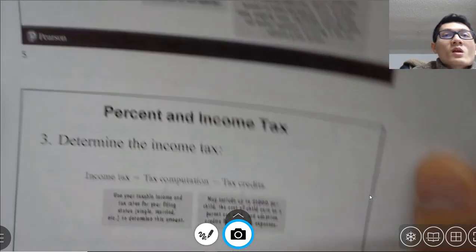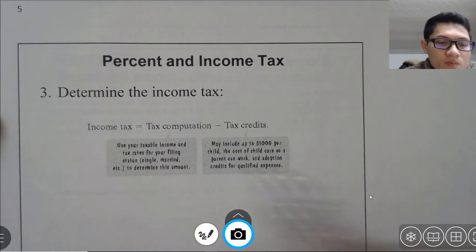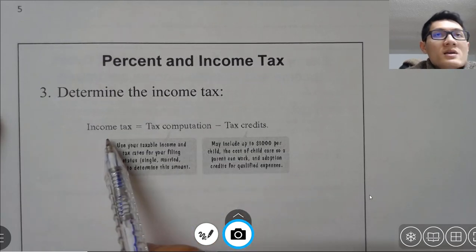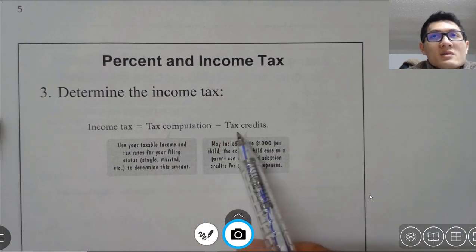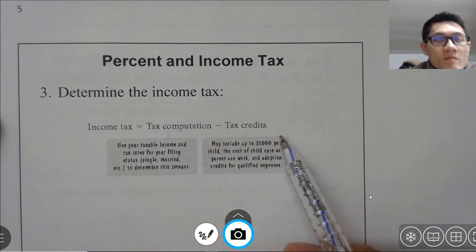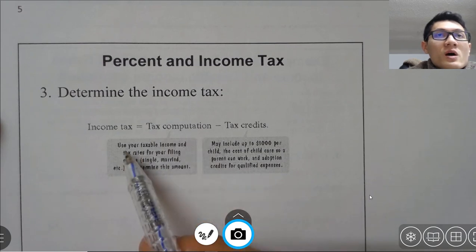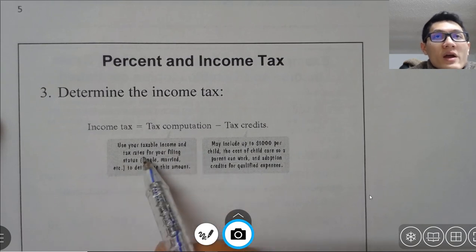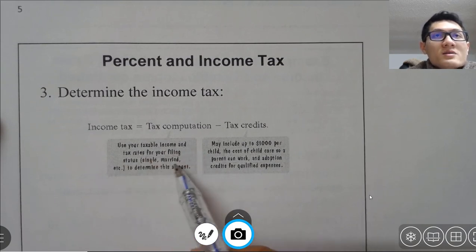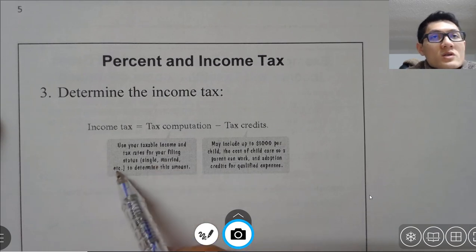Alright, so how do I find the income tax? The income tax is equal to the tax computation minus the tax credits. Now the tax computation is where you use your taxable income and the tax rates for your filing status, if you are single, married, divorced, and so on, to determine this amount.